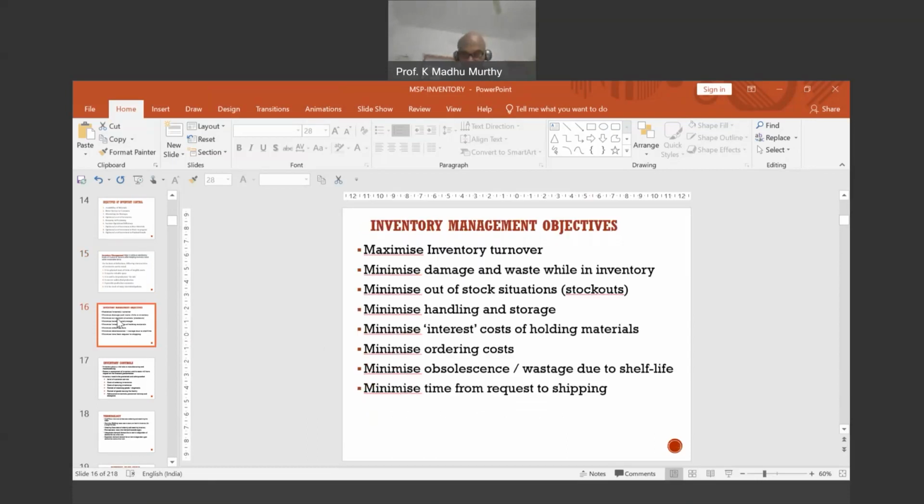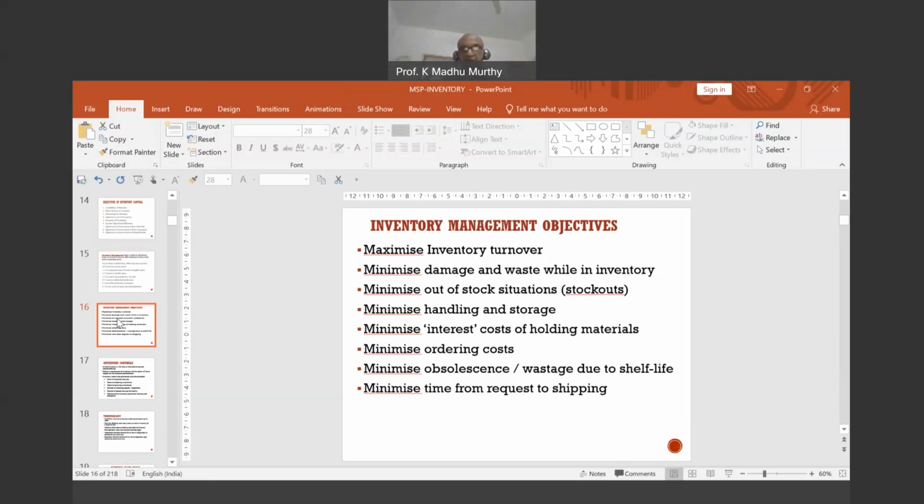And in that sense, our objectives are to minimize the inventory costs, and maximize the inventory turnover. We do not want to have much damage and waste, so we wish to minimize damage and waste while we possess the inventory, and minimize out of stock situations.